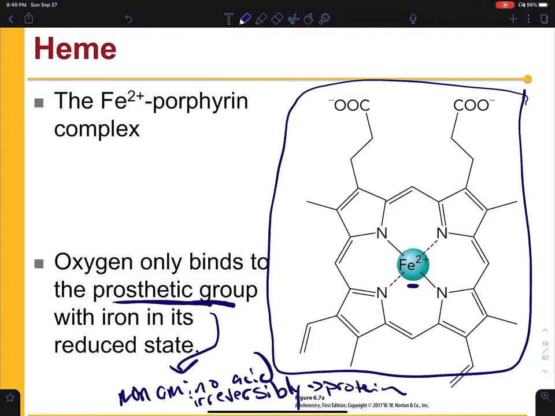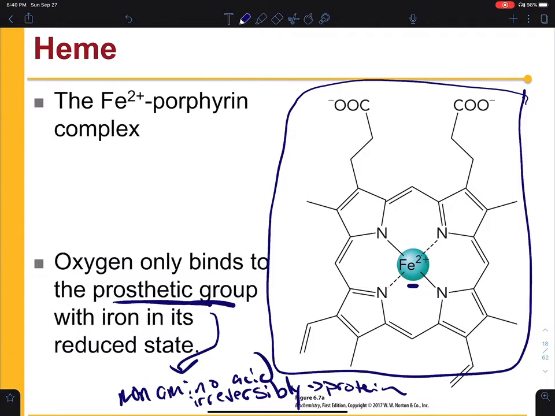So we don't have to deal with whether heme is bound to the hemoglobin or not, like we have to do with oxygen, because it's always going to be there if it's a functional hemoglobin or myoglobin protein. There are all sorts of prosthetic groups. We'll see some others as we get into metabolism. There's a lipoyllysine group, in which you have a lipoic acid that's covalently bound to a lysine.